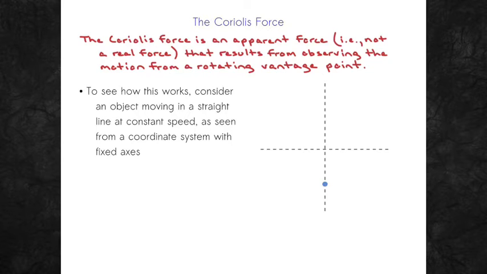Okay, now like I mentioned, this is a little bit more subtle than the pressure gradient force, and so I'm actually going to give you two looks at it. The first look is going to be a more basic concepts look at it, a more basic physics kind of idea, and that'll be useful for understanding how the rotation of the vantage point ends up causing the path to look like it's curved.